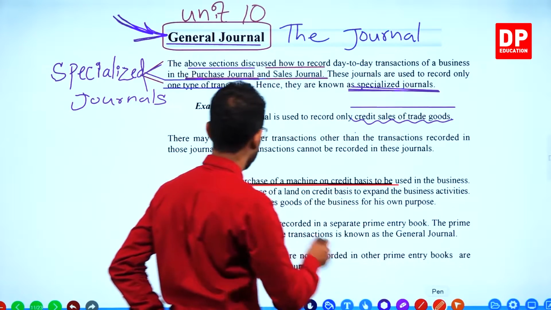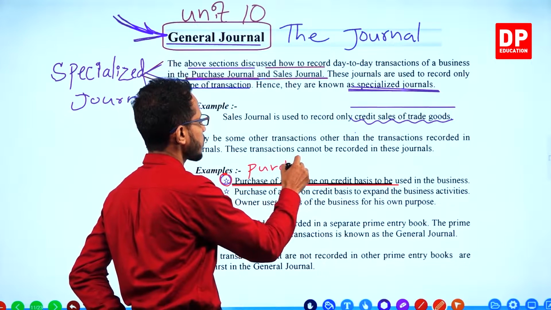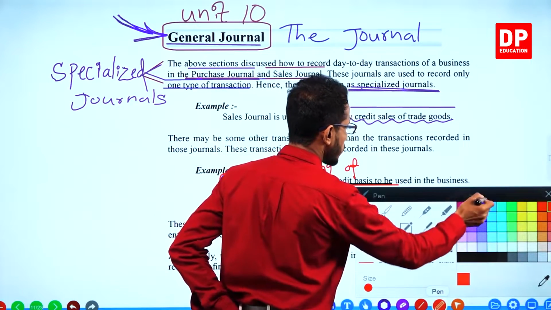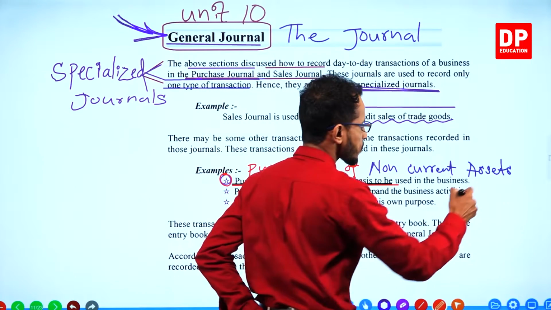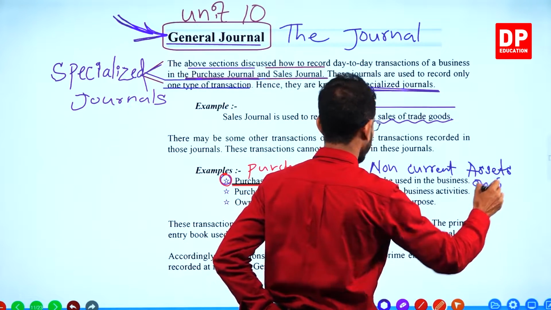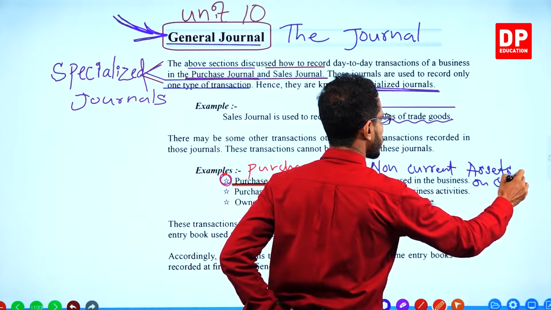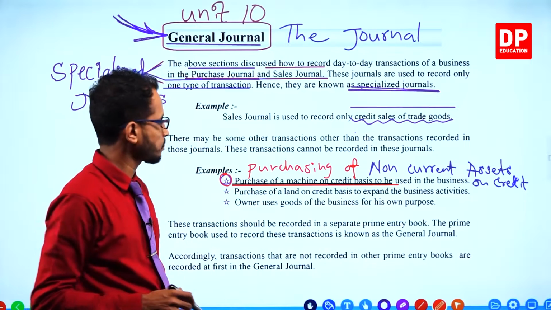Okay, I'll write it here. Purchase of a machine on credit basis. So this is purchasing of non-current assets on credit.